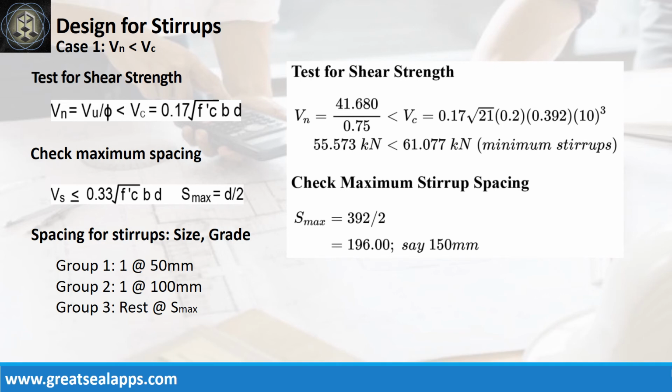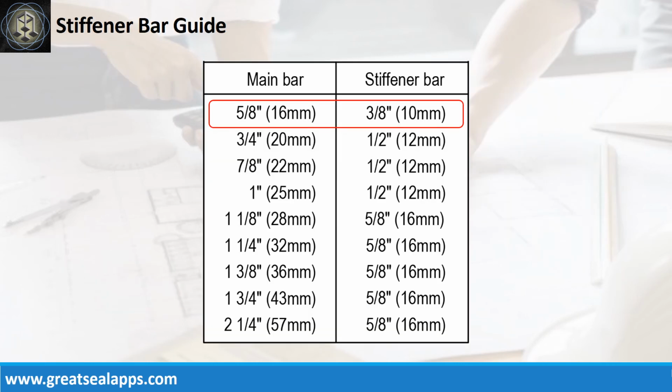The maximum stirrup spacing is 150 mm. The spacing of stirrups are as follows: 1 at 50 mm, 1 at 100 mm, rest at 150 mm. For 16 mm main bars, use 10 mm stiffener bars.